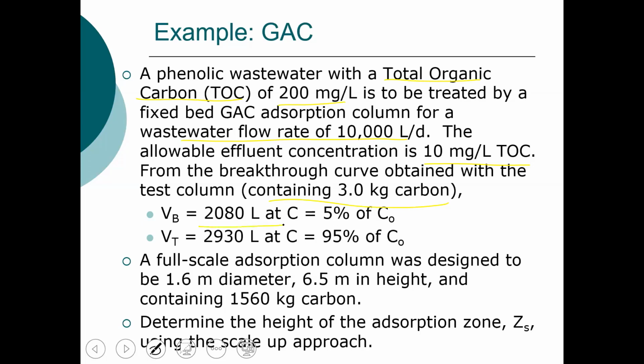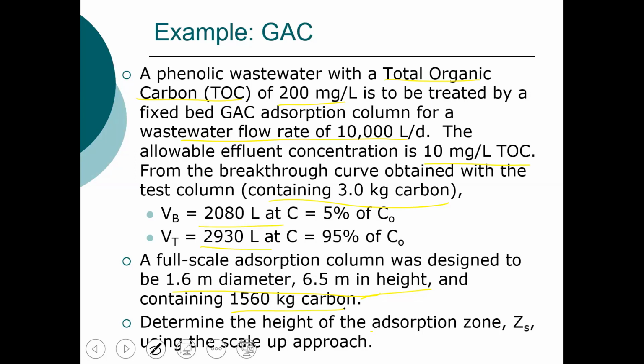The volume to breakthrough for the test column is 2,080 liters. The volume to exhaustion is 2,930 liters. A full-scale carbon adsorption column was designed to be 1.6 meters in diameter, 6.5 meters in height, and it contains 1,560 kilograms of carbon.